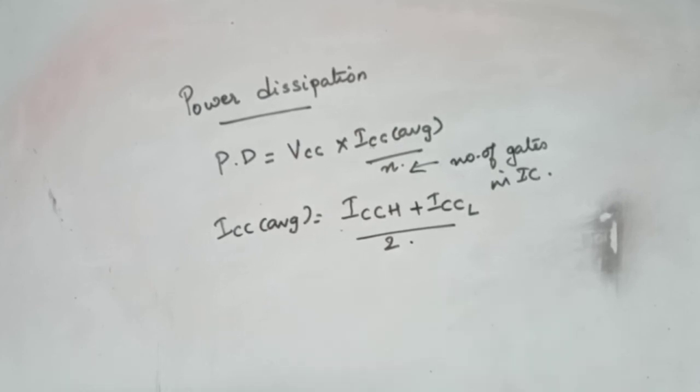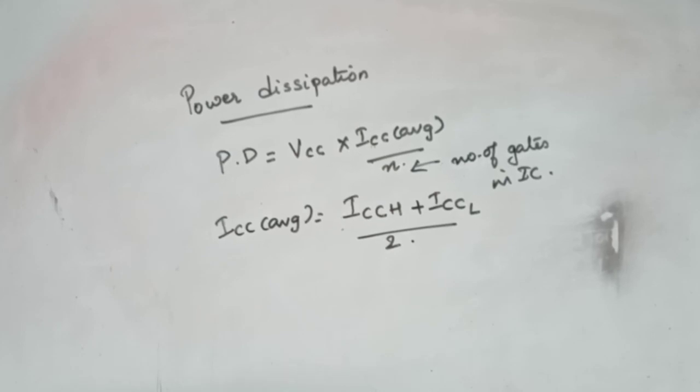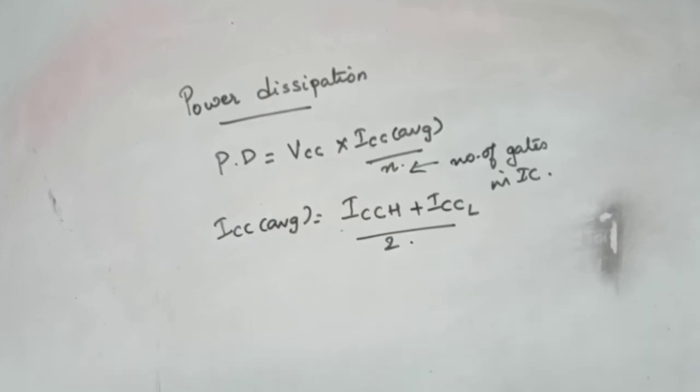Suppose you have 4 gates inside an IC and all the 4 gates are in high state. So that is the extreme condition. All the gates are in high state means all the outputs of the gates are in high state.